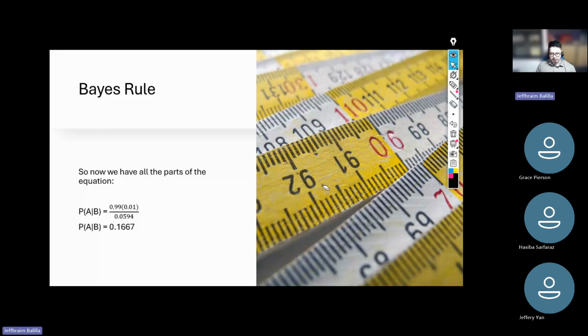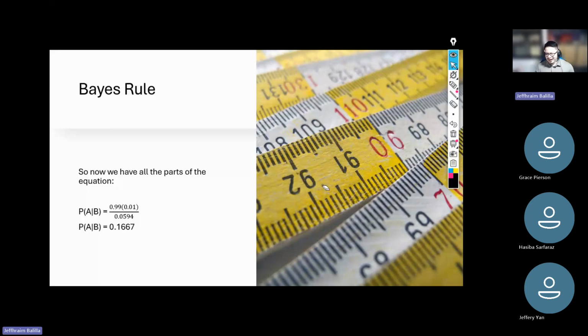Probability that the test is positive given that the person has the disease times the probability of contracting that disease, which is 0.01, divided by probability of B, which is the probability of having a positive test. So we can now see that the probability of A given B, the probability that you have a rare disease given that the test is positive, is only 17%, or 16.67.